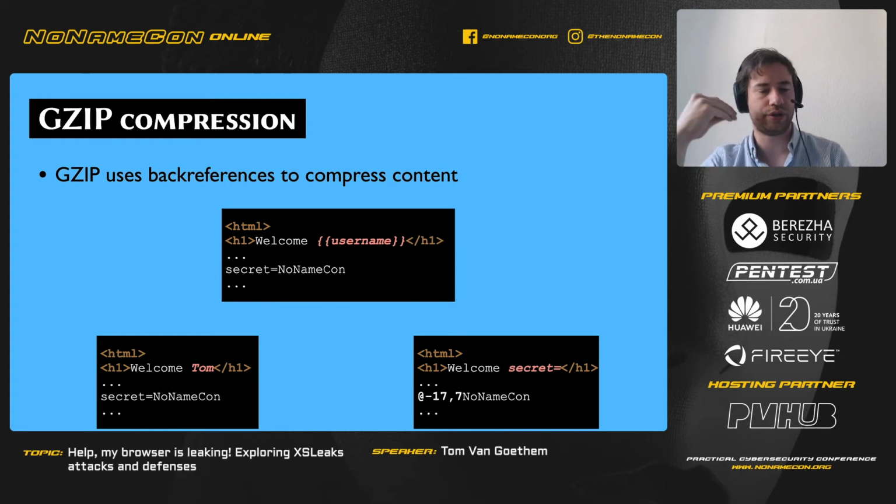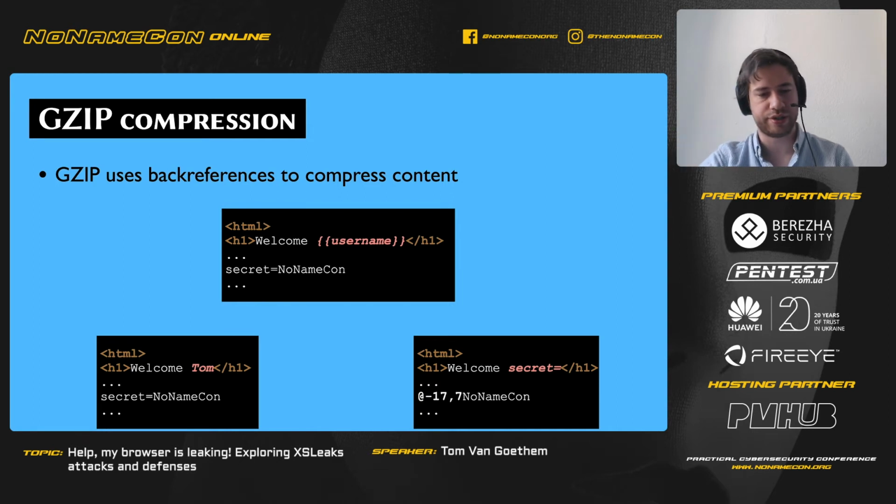Now, another important aspect is Gzip compression, which is enabled on most of the responses sent on the web. So let's look at a template that looks like this. Welcome, then the username, which is from, for instance, the GET parameter, and later in the document there's some secret occurring.